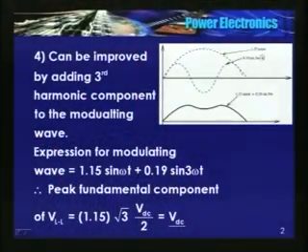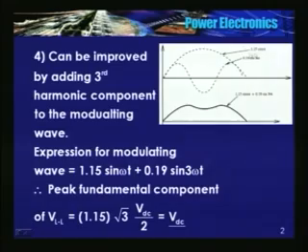It was just 1 sin omega t, okay, whereas in the third harmonic injected PWM technique, we have increased the magnitude of the sinusoidal modulating wave by 15%. See, it is 1.15 sin omega t plus 0.19 sin 3 omega t. Okay. We added these two waveforms and we got a new modulating wave.